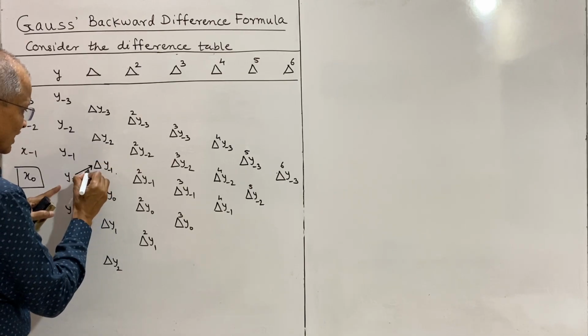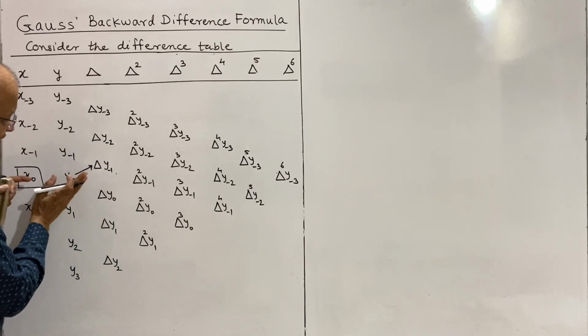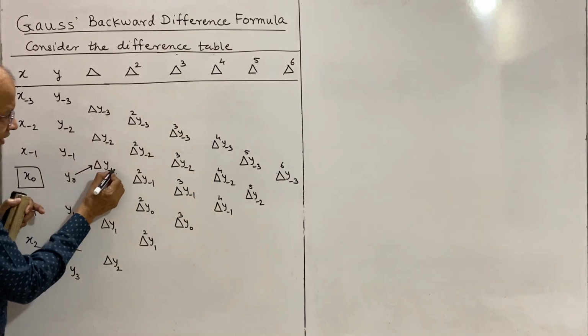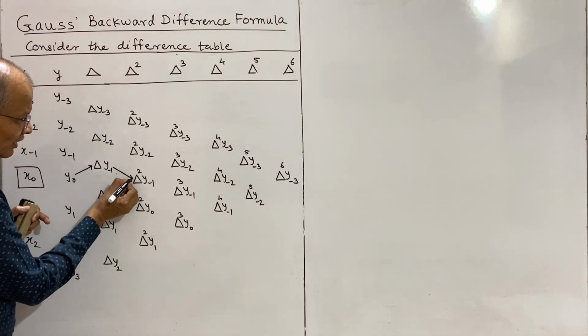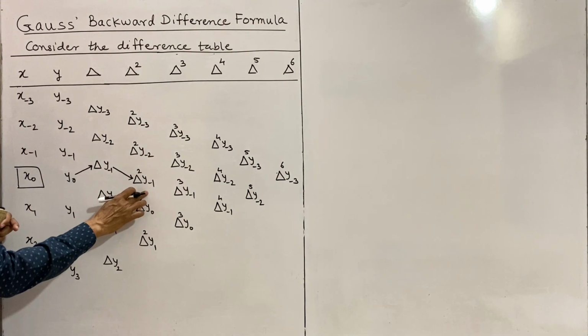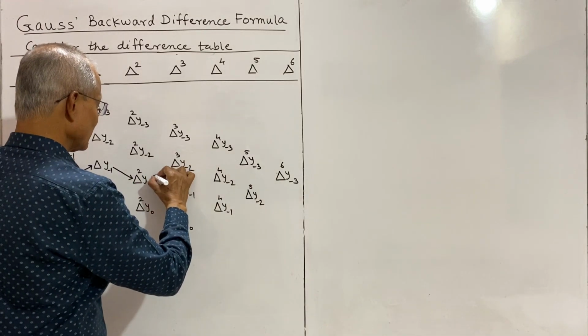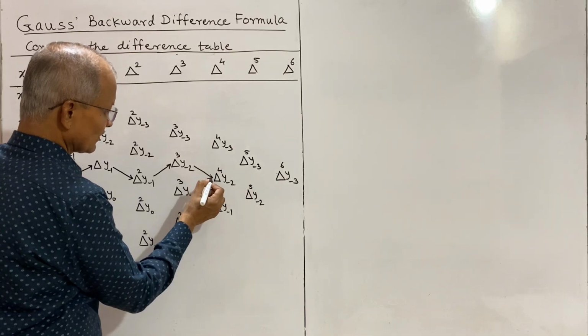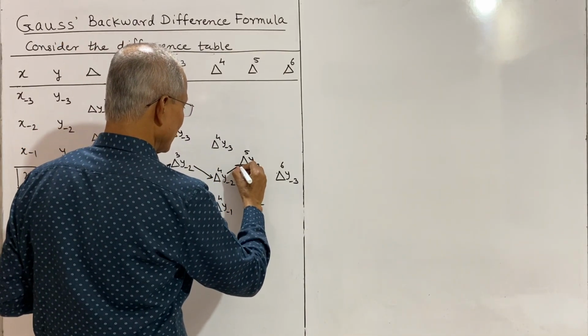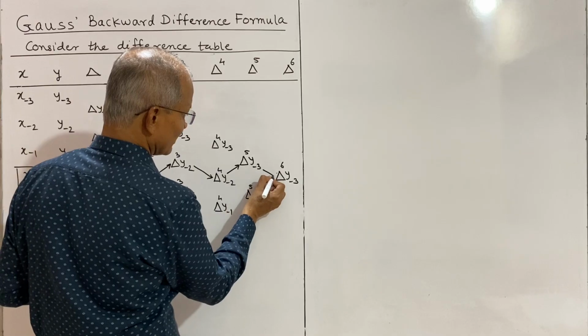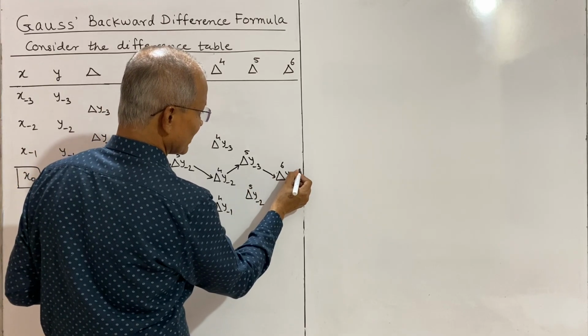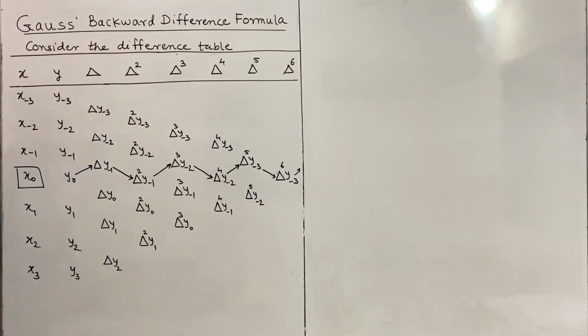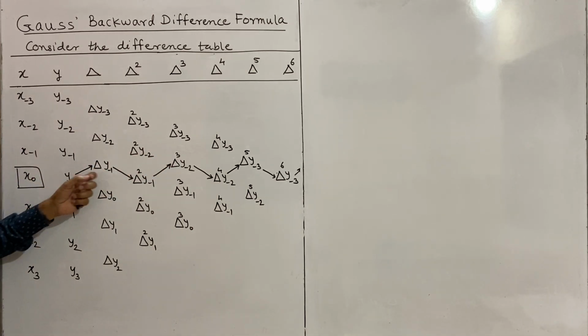Y naught, then delta y minus 1 slightly upward, then inclined downward delta square y at minus 1, then again inclined upward, then downward, then upward, inclined upward, and inclined downward. Next will be inclined upward, and so on. So thus the differences used in this formula are the ones along this arrow diagram.